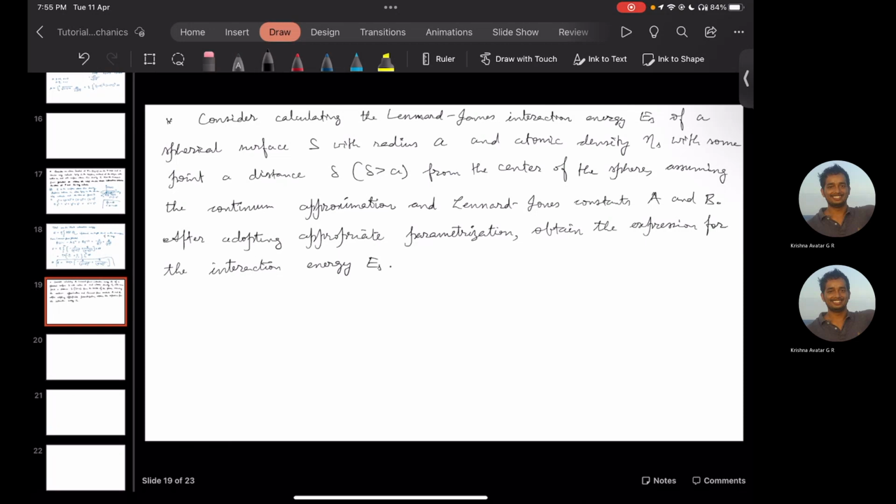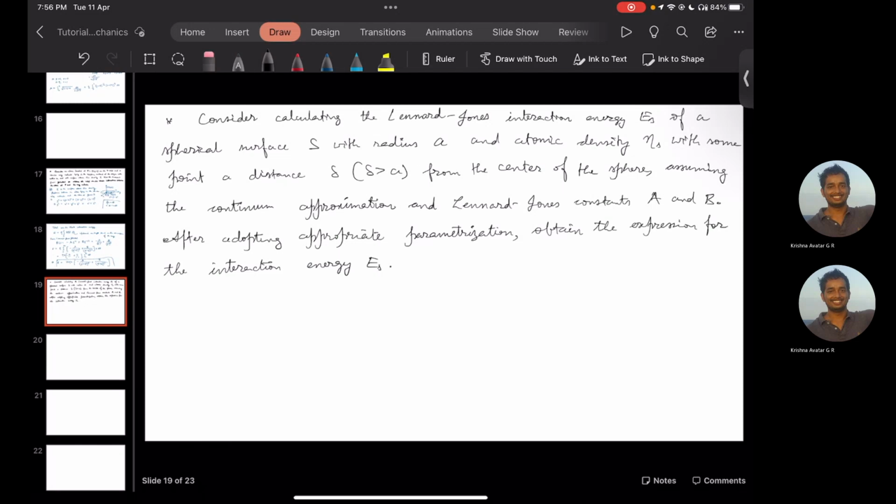Okay, so this is quite a long question. So let's read it. It says consider calculating the Lennard-Jones interaction energy ES of a spherical surface S with radius A and atomic density eta S with some point a distance delta away, where delta is greater than the radius of the sphere, from the center of the sphere.